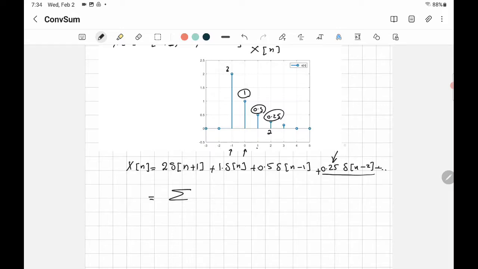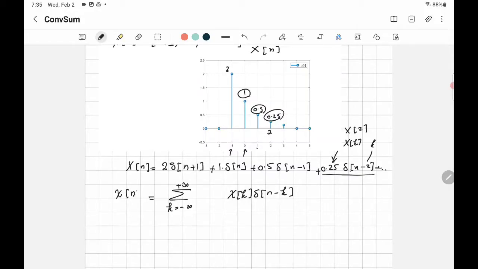So if you call this x of k, where k is equal to 2 in this case, that's actually x of 2. Delta n minus 2, delta n minus k. So in general, you can write any term like x of k delta n minus k, and k changes from -infinity to infinity.